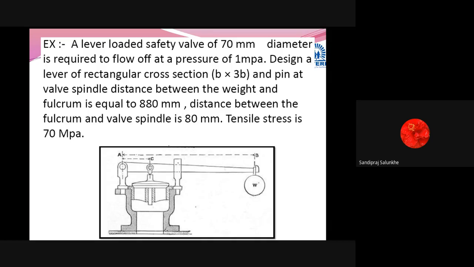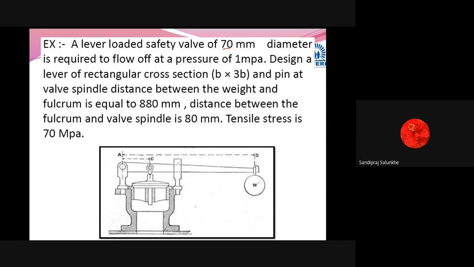It has not been mentioned, but it is a dead weight type safety valve. A lever loaded safety valve of 70 millimeter diameter is required to blow off at a pressure of 1 megapascal.